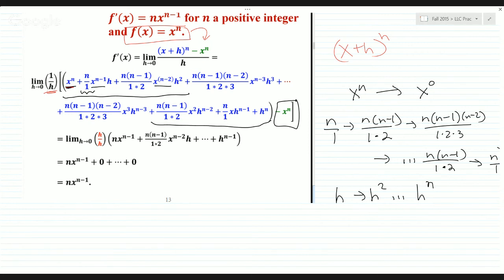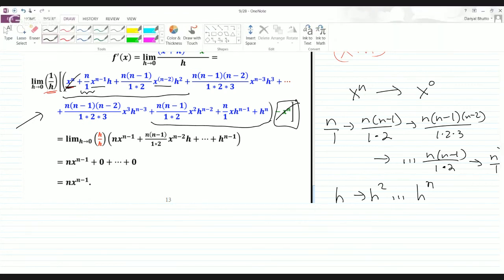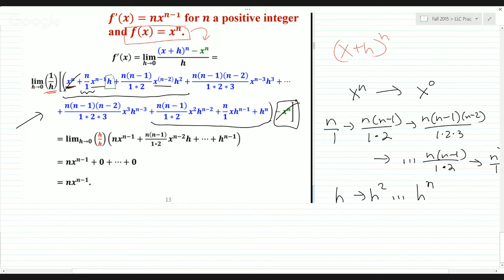Once you have this huge term written, then it gets a bit easier. So x to the n, both of those cancel out. Then we see that this term has only one h multiplied to it, while the rest of them have more than one.